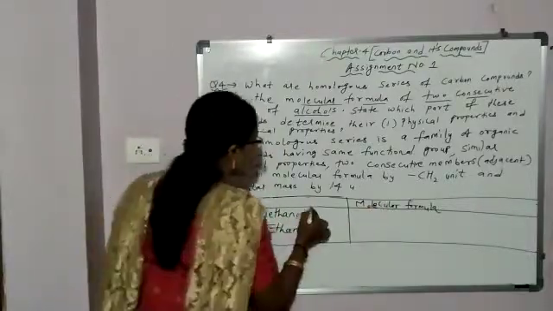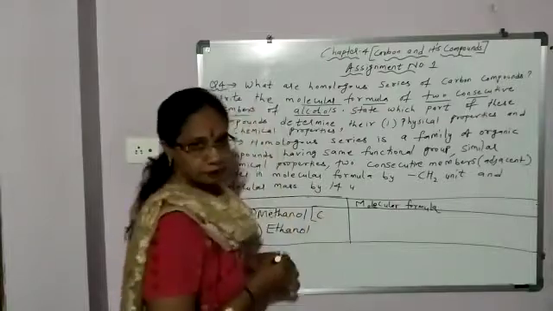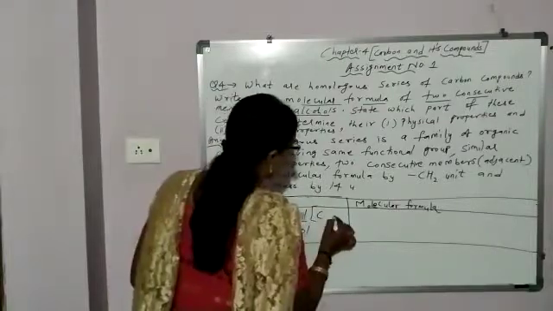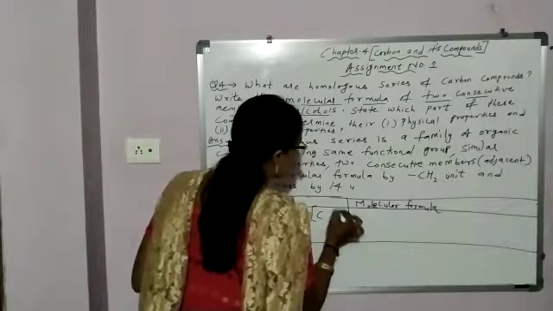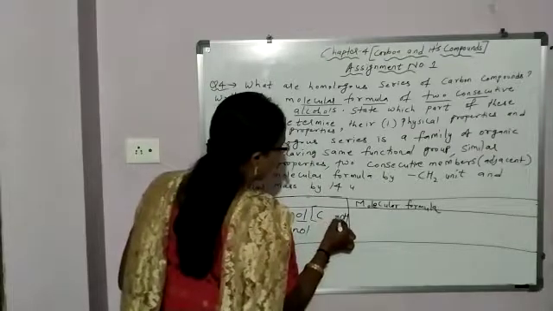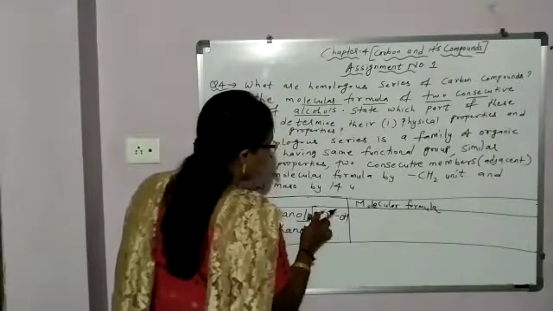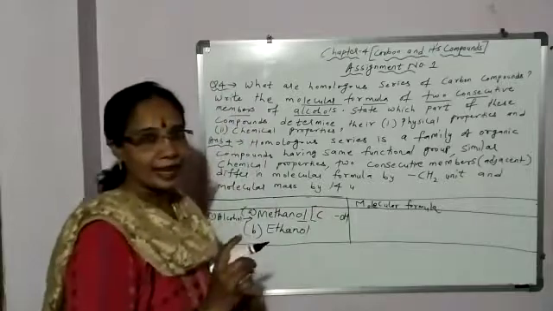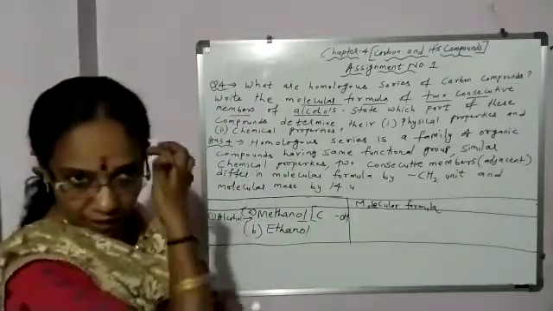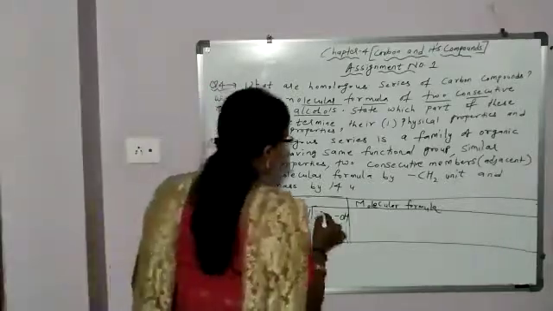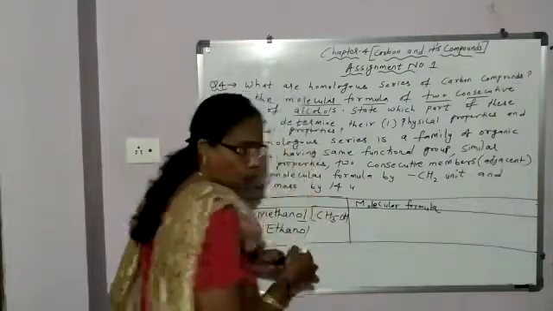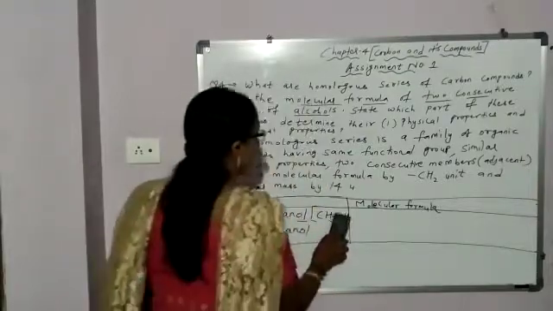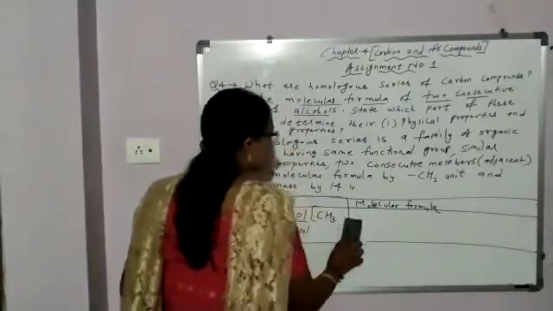So meth means how many carbon atom? 1. And ol means OH. So you will add carbon, and to carbon how many hydrogen will be attached? You have to satisfy the valency of carbon by hydrogen. 3, CH3OH. So what is the formula for methanol? CH3OH.